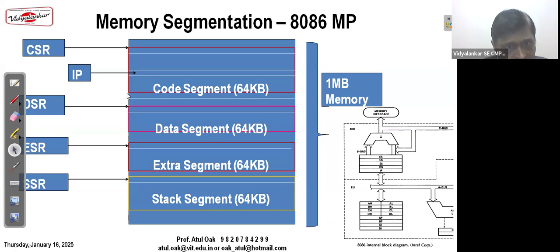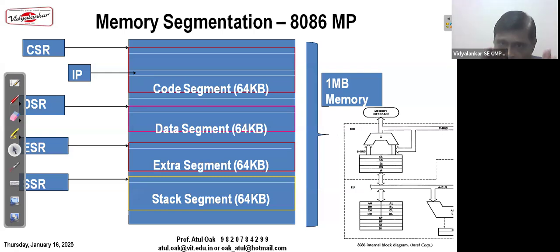So if my processor wants to fetch an instruction, it will read CSR, because CSR will tell the start of the code segment, and then it will read IP, because the instruction pointer will indicate which location in this code segment you want to refer to, where there is an instruction. It is called offset.